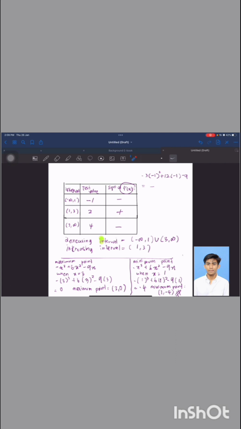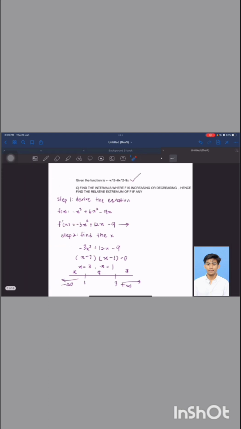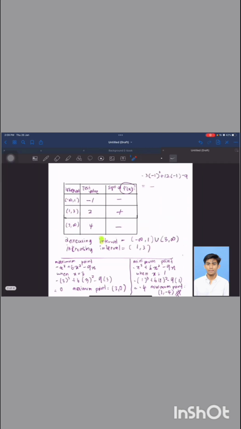Same for the others. So when you choose the test value, you need to insert that test value in the equation that you just derived. This one. Then you need to find whether it is positive or negative, and then you need to write what is the decreasing interval and increasing interval.